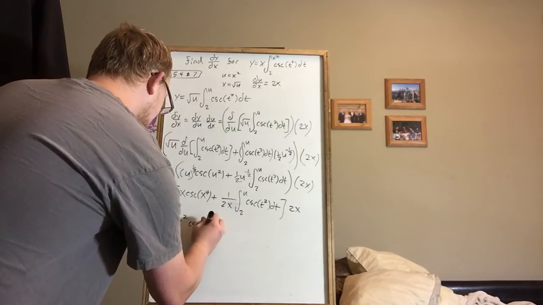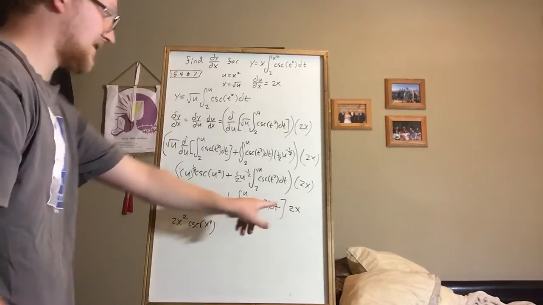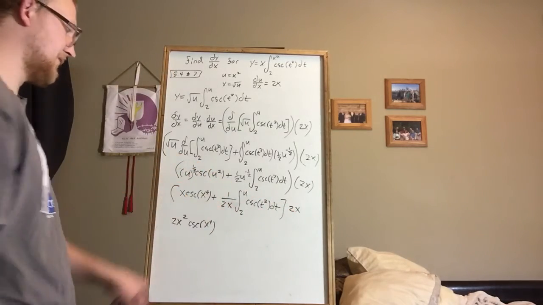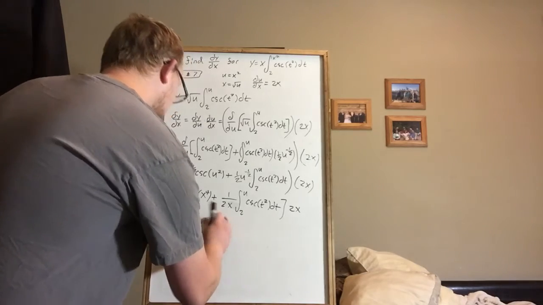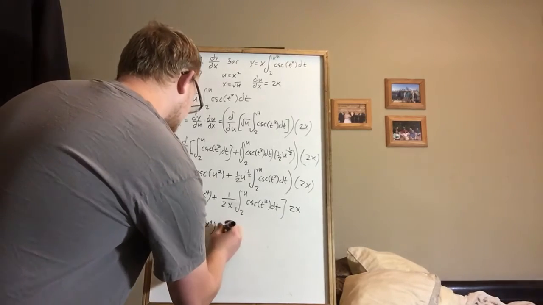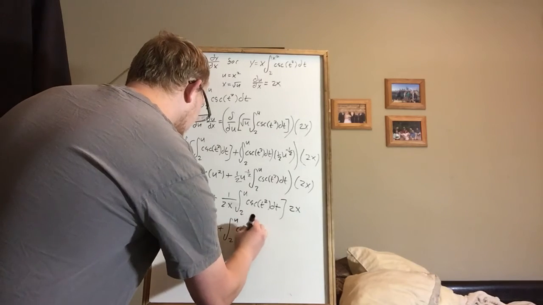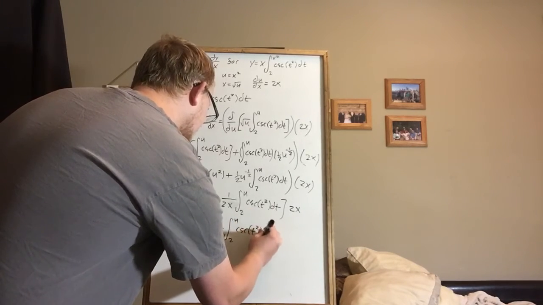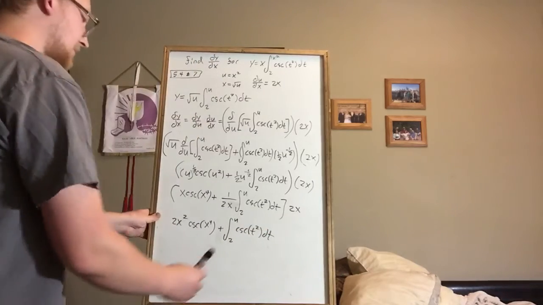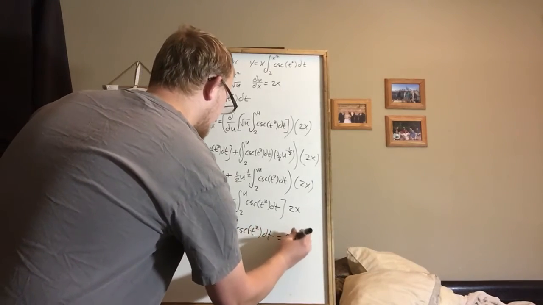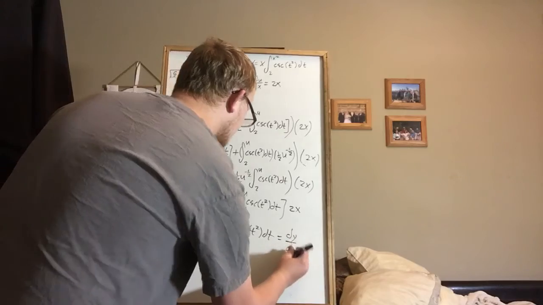And then these cancel: 2x times 1 over 2x is just 1. So we've got plus just this integral from 2 to u of cosecant t squared dt. And remember, this is all equal to dy/dx, which is what we're solving for.